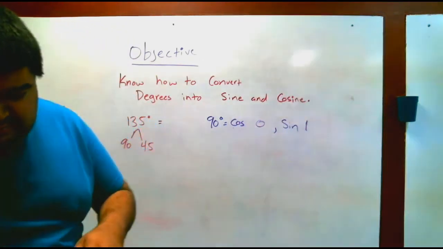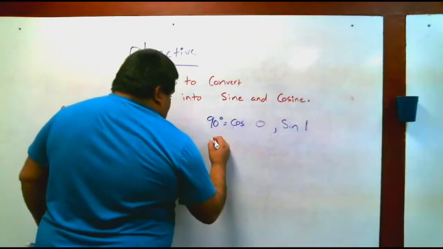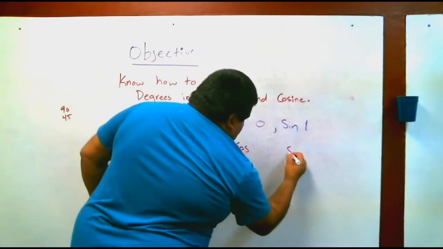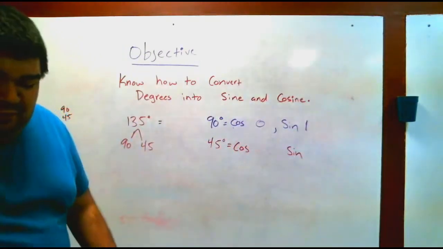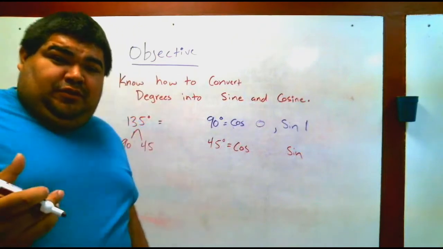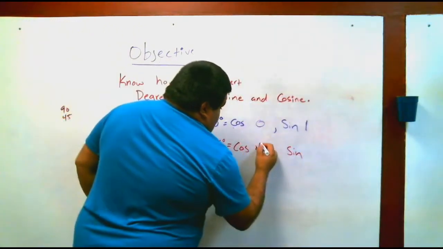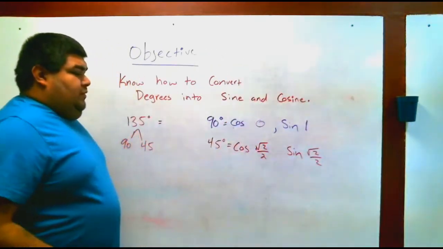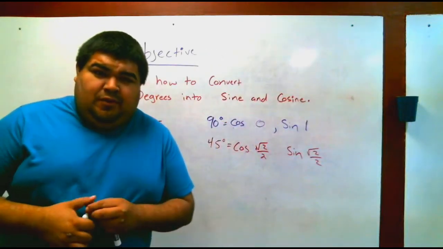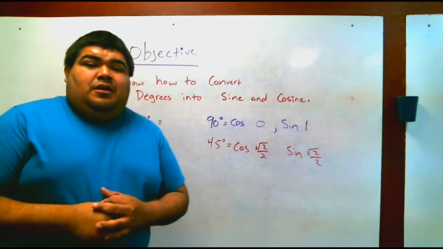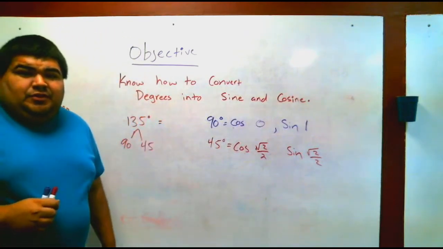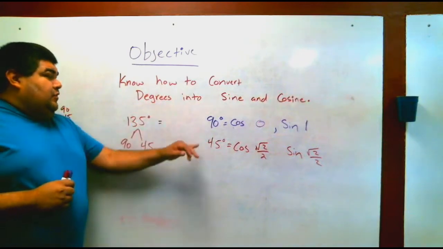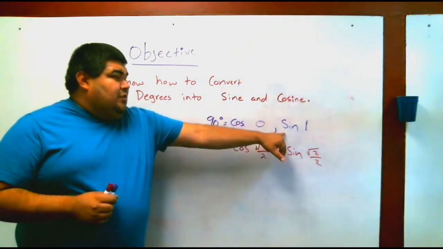What about 45 degrees? Cosine and sine. For 45 degrees, we already used them earlier: radical of 2 over 2 and radical of 2 over 2. And that's it, that's all we're doing. Make sure you have all this in your notes. Again, we converted degrees into sine and cosine.